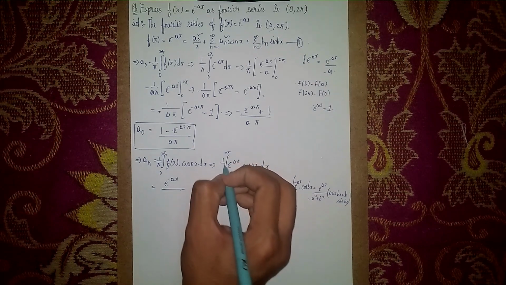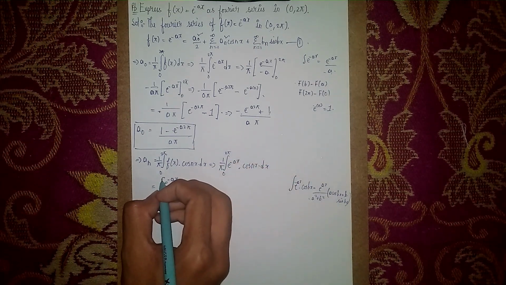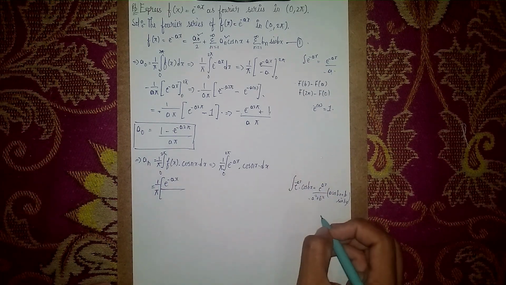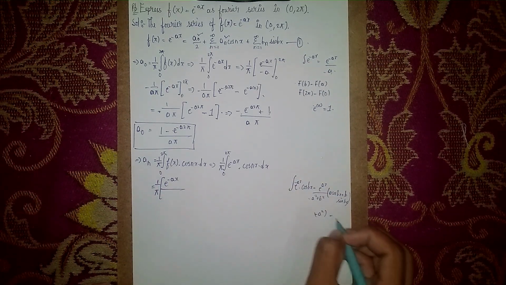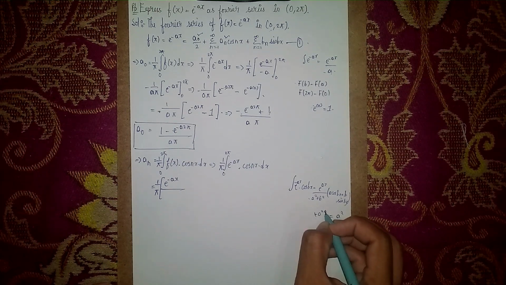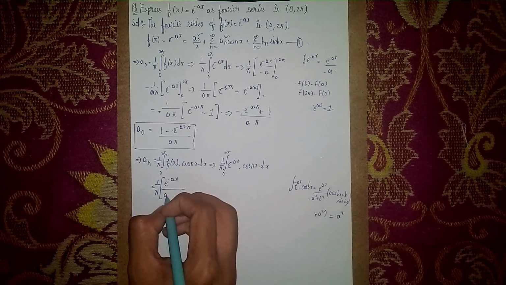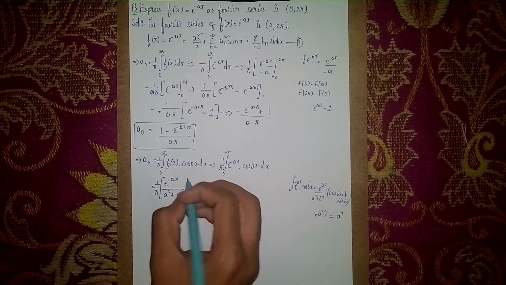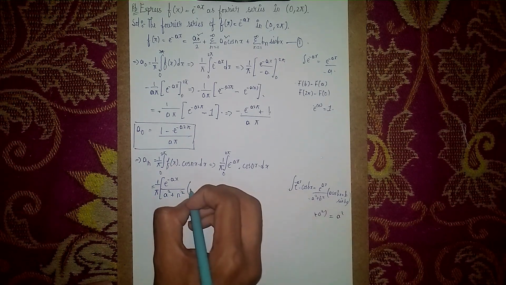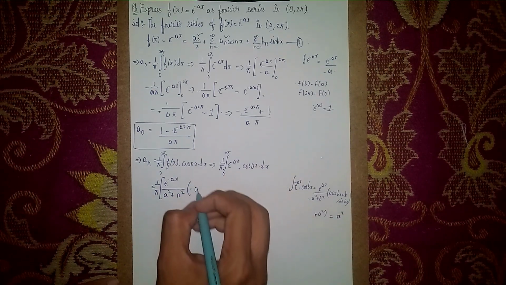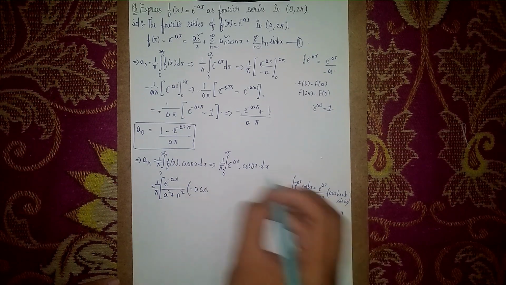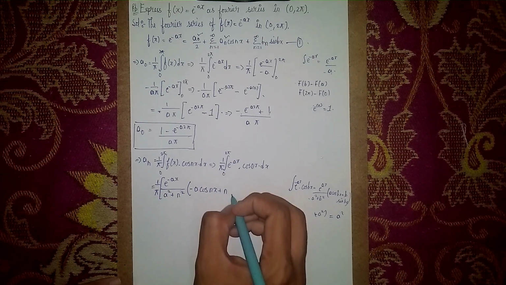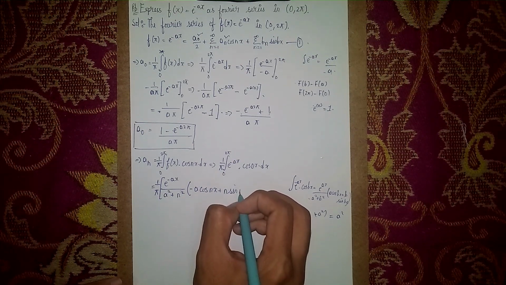So 1 by pi, open the bracket. Here a square plus b square, where minus a square becomes a square, and b is n, so it becomes n square. Then open the bracket: minus a cos nx plus n sin nx.